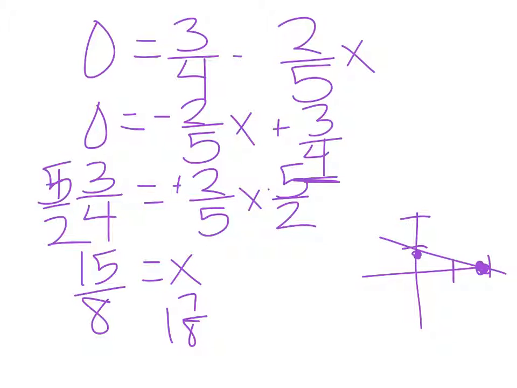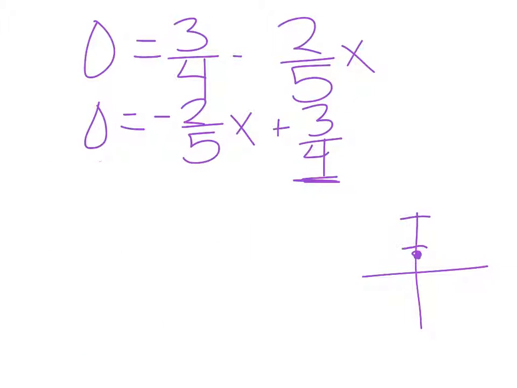The other way to do it is put it in standard form. So then you would have, if I move the negative 2/5 to the other side, 2/5 x plus y, because remember, y and 0, that's what they're doing.